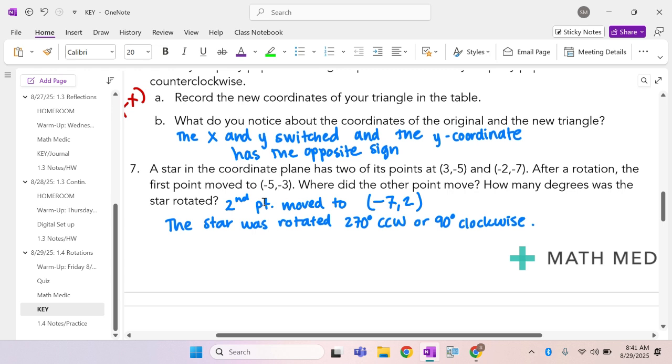X. So how far did it go? Which rule got used? 90-degree what? Clockwise or counterclockwise? Clockwise. Or it could have been 270 counterclockwise, so it would give you the same image. More often than not, you will go counterclockwise, but be careful because sometimes they'll throw a clockwise at you.